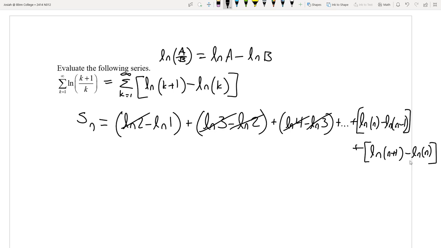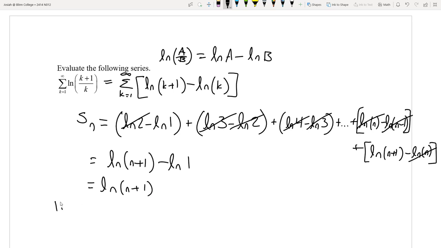The last one that cancels is natural log of n, and so the previous one should cancel as well. You can always write more terms just to convince yourself that this is true, and I encourage that. I know that sometimes this can be a little difficult to visualize. Just write enough terms that you can trust yourself there. So the only terms we have left: natural log of n plus 1 minus natural log of 1. Natural log of 1 is 0, so we are just left with natural log of n plus 1.